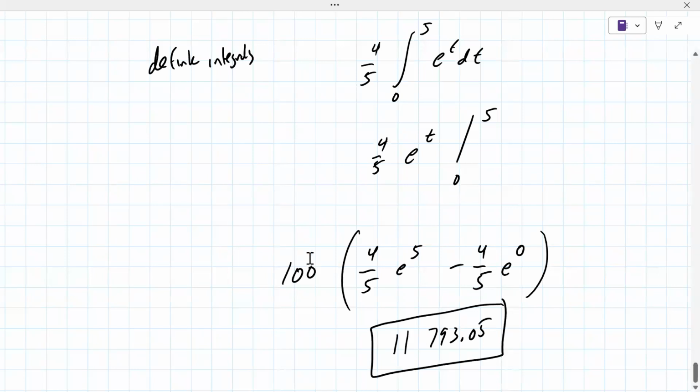I put all this in the calculator. Hold on. Let me clear my data. Calculator sometimes bugs out. And I'm not doing any intermediate rounding, doing the whole thing here.